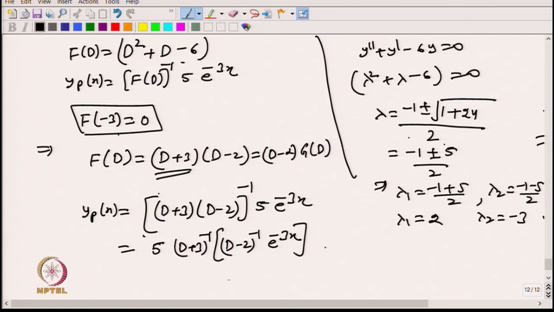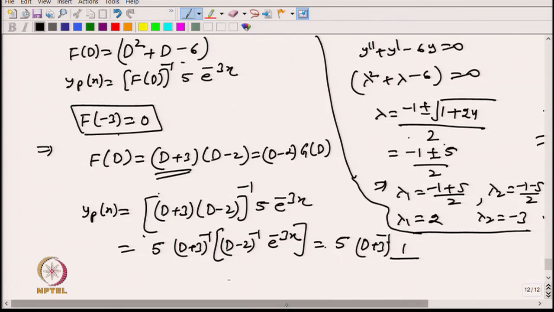Now, I know that this factor, G(D) inverse, is not equal to 0 when putting D equal to minus 3. So, from here I can write this value, and it becomes 1 over, putting instead of D minus 3, so it becomes minus 5 and e raised to power minus 3x.